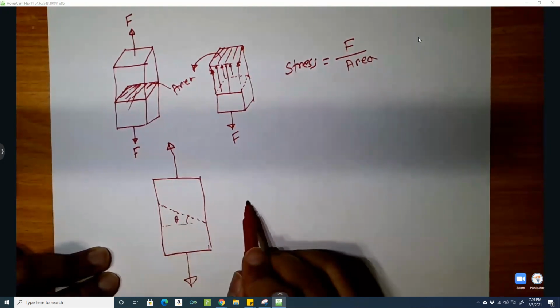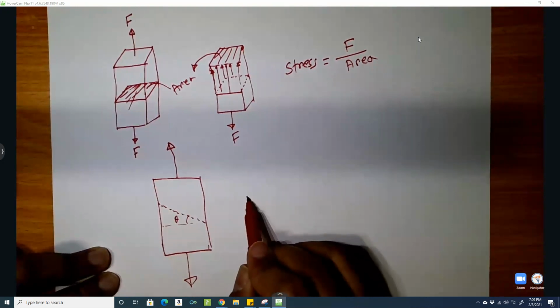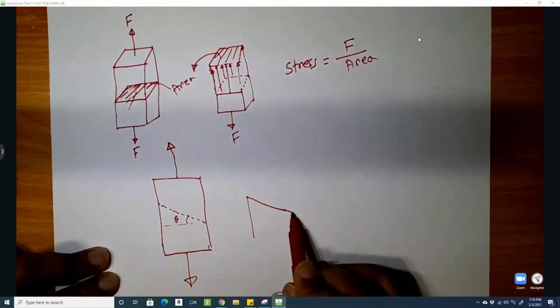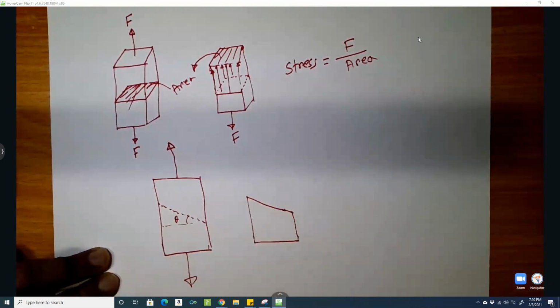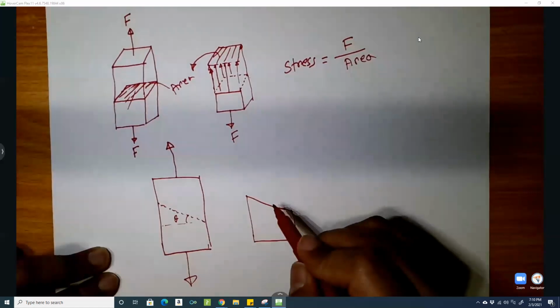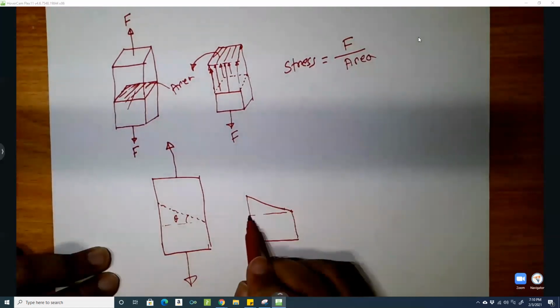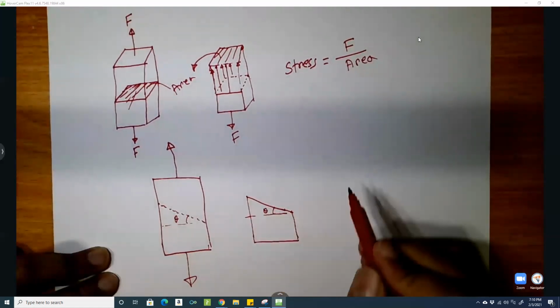Now if I cut this object, this is my theta.